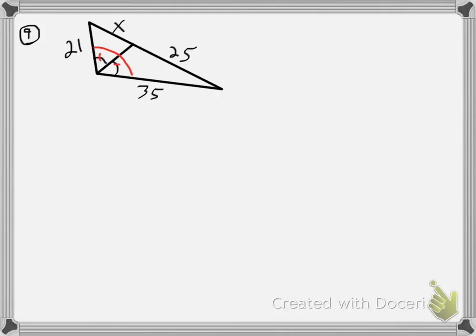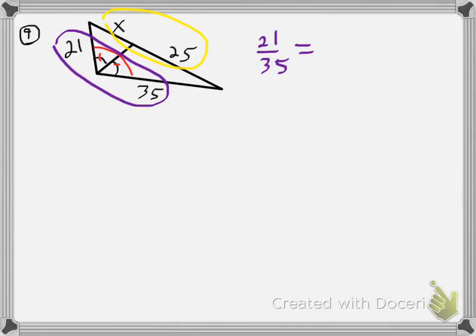So because of that, we can make a ratio of the sides that aren't cut, that's 21 over 35, and it will equal a ratio of the pieces here in yellow, x over 25. So you notice the small side gets the small piece and the big side gets the big piece in the same locations.